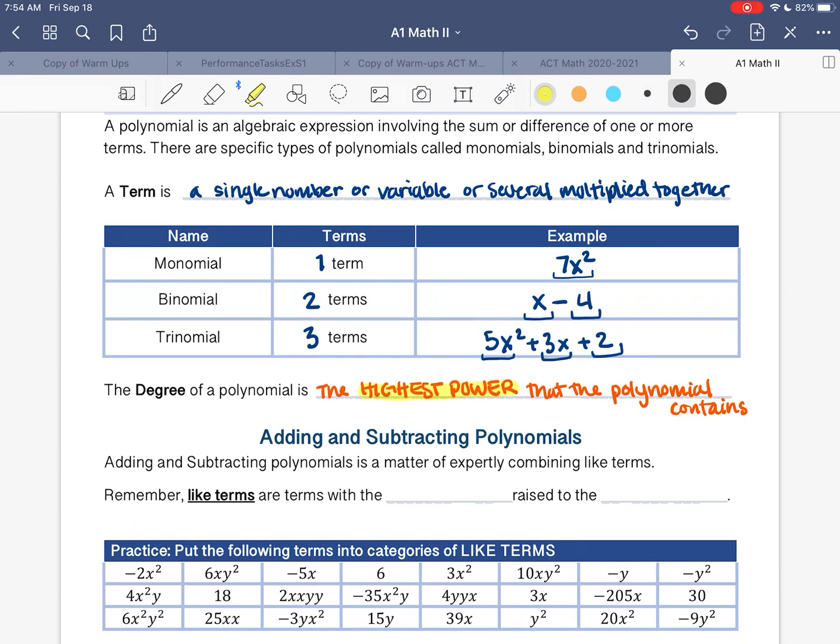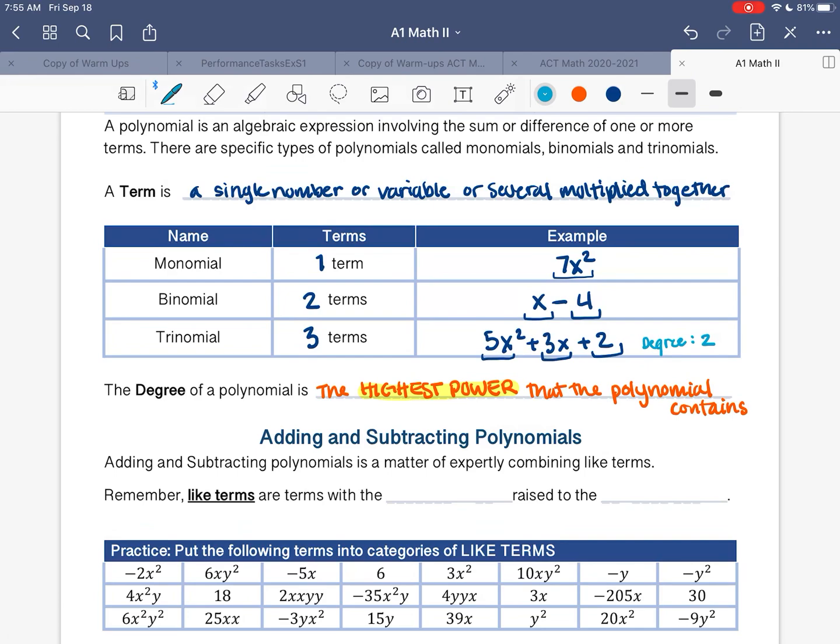So if we look back at our example of a trinomial, we're looking for the highest power of x, or whatever the variable is. We're looking for the highest power that it has. So in this case, it has a power of 2 on the 5x squared, and no other power is bigger than that in this polynomial. So this polynomial would have a degree of 2.